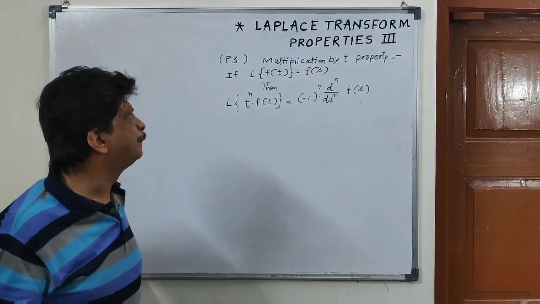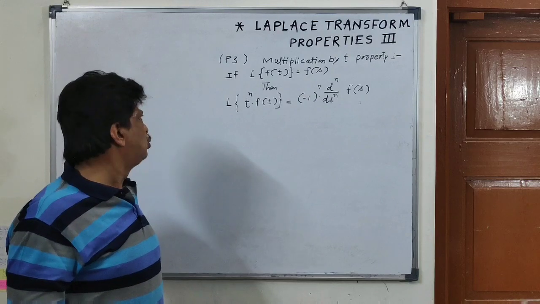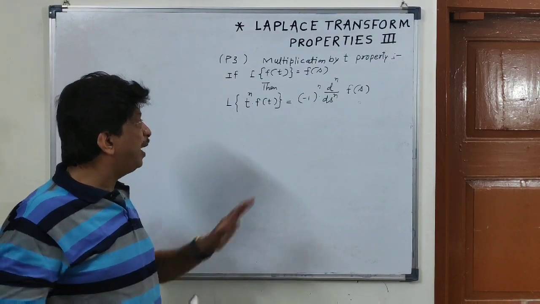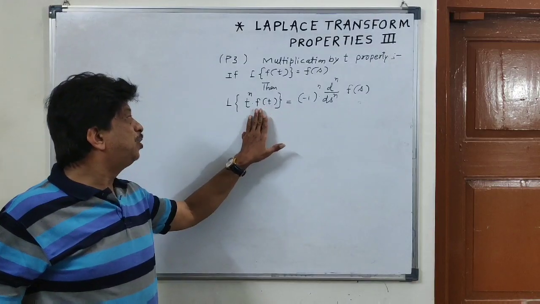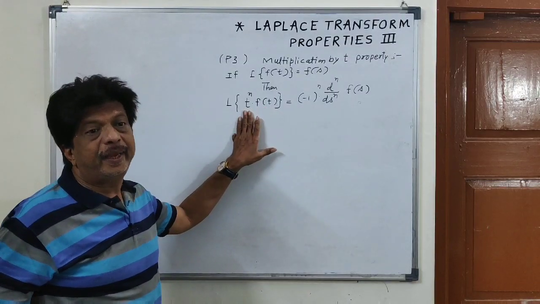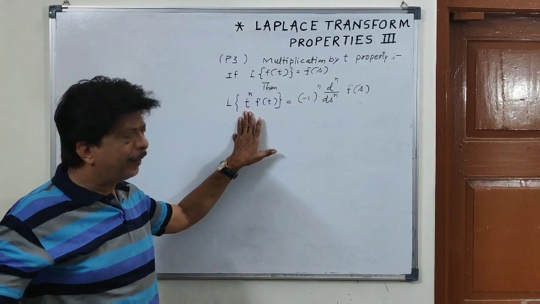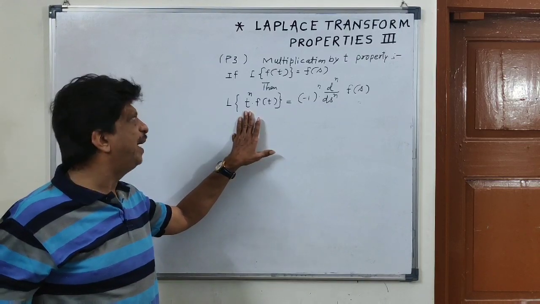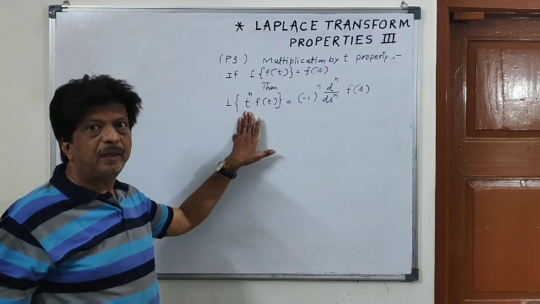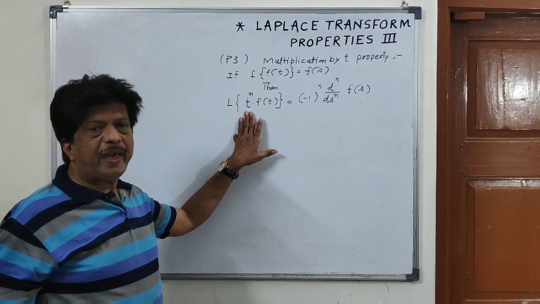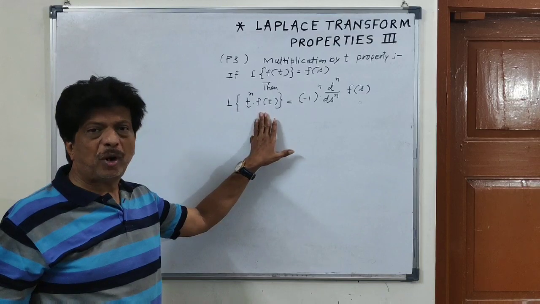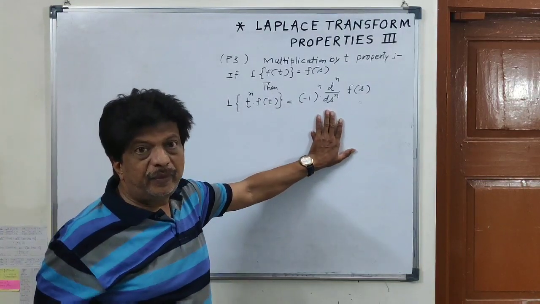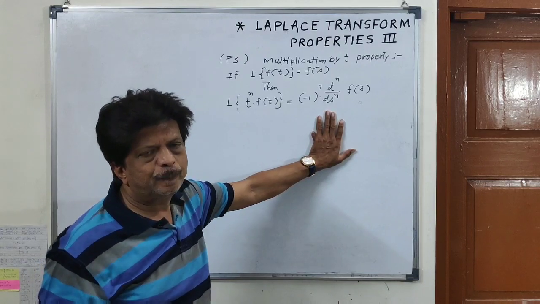Most important property, most widely used property. If function f of t is multiplied by t powers 1, 2, 3, 4 and so on, t square, t cube, and so on, then the Laplace transform of such a product is equal to this, minus 1 to the power n, nth derivative with respect to s of F of s.